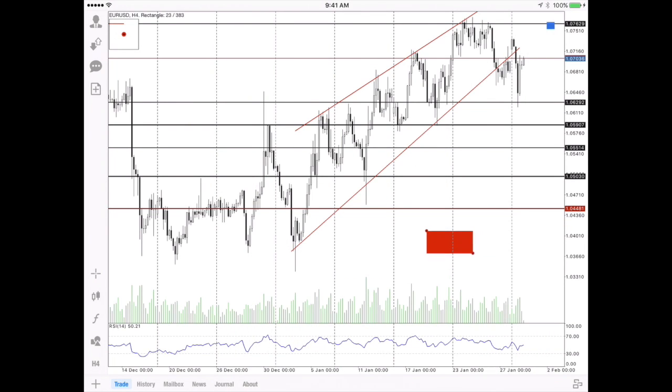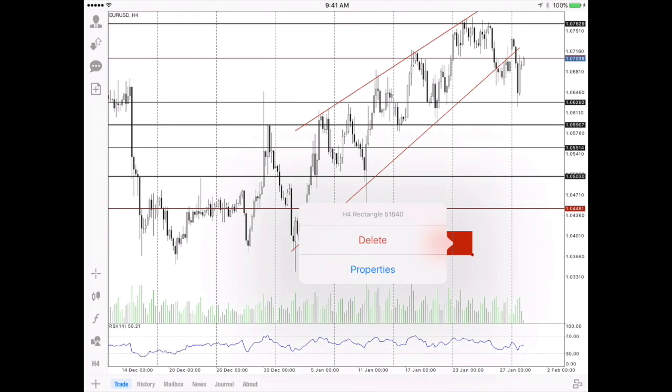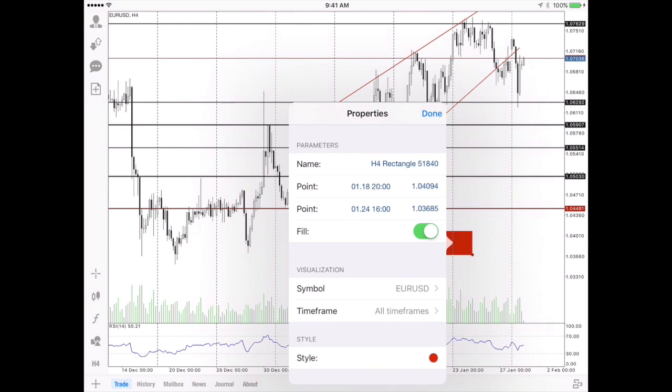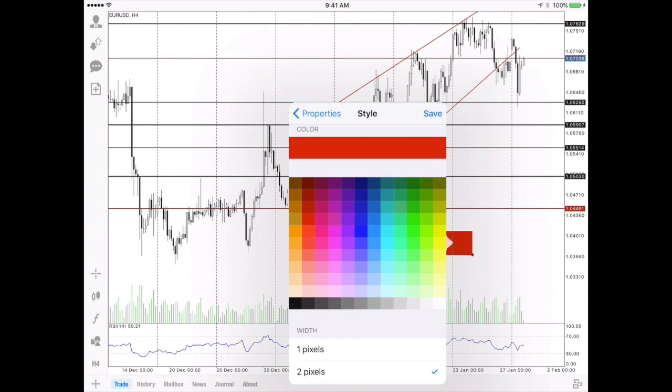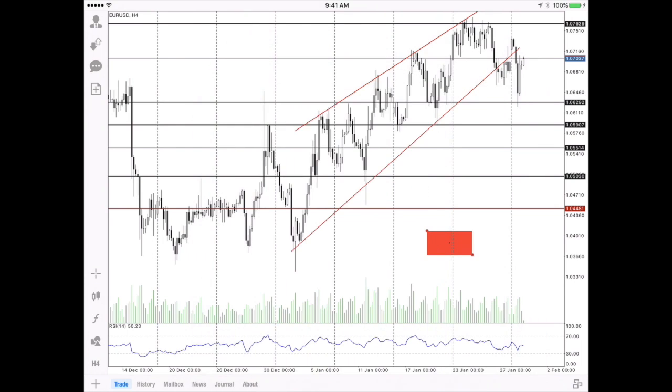So let me go in here and change my properties on this square here, this middle. All right. Okay, so I just want to make it lighter.